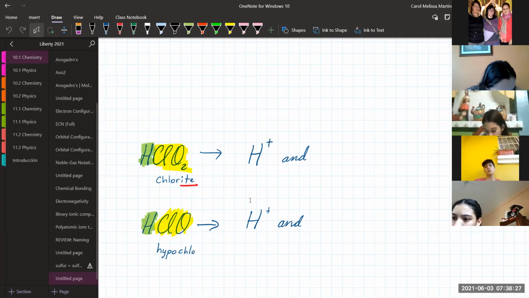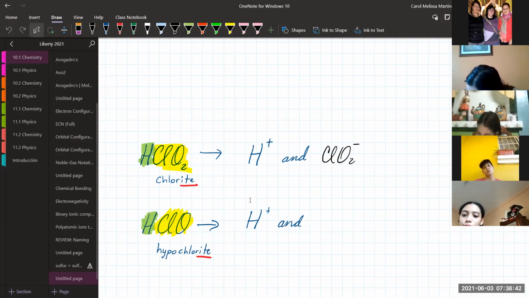Remember, ite. So this is an acid that is composed of H plus ions and the ion chlorite, and this is an acid composed of H plus ion and the ion hypochlorite. So the formula you already have over there, but how can we name it?